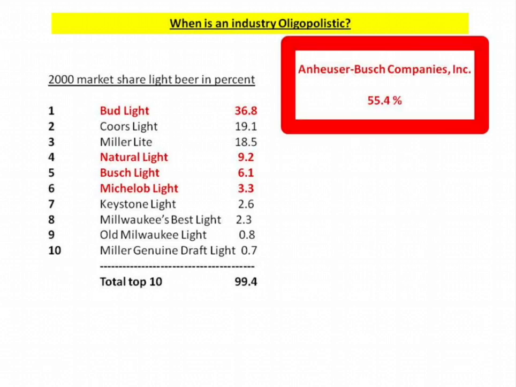But if we look at the breweries that actually produce those beers, we see that back then, Anheuser-Busch produced 4 of those beers, and those 4 together made up a little over 55% of the market.